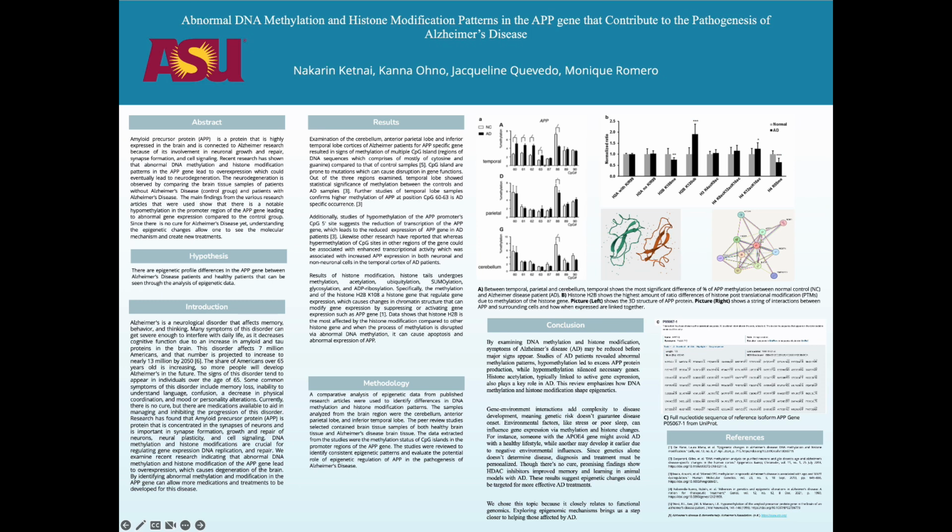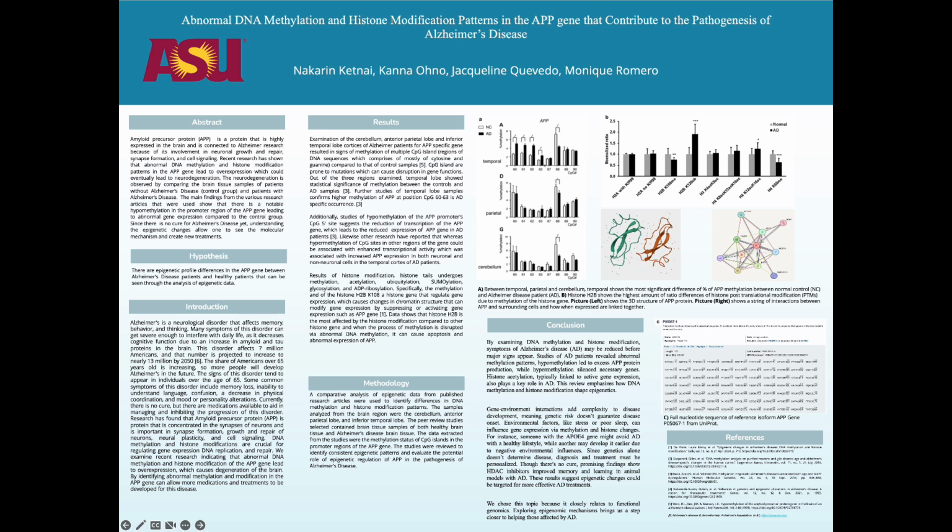Upon further investigation of the temporal lobe, methylation of CpG at positions 60 to 63 was found to have a significant impact on the expression of APP. Additionally, hypomethylation of APP promoter CpGs at the 5' site suggests a reduction in transcription of the APP gene. This would cause an overall decrease of expression of APP in Alzheimer's disease.